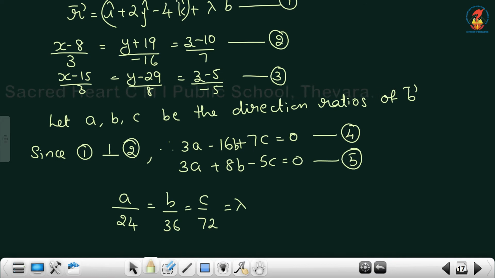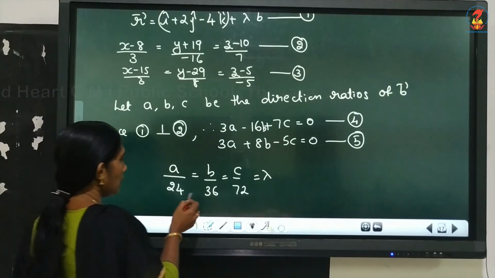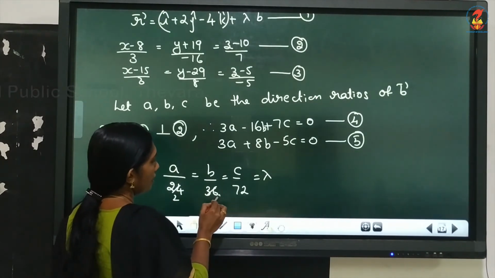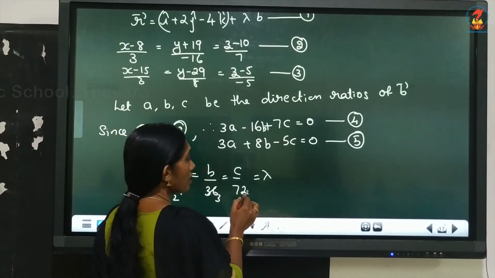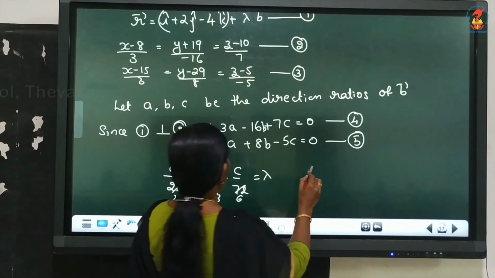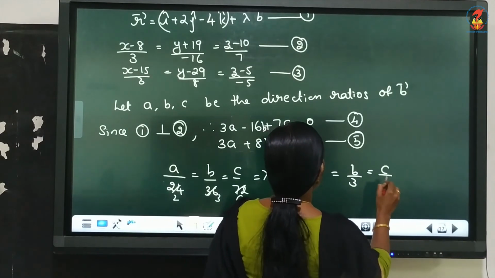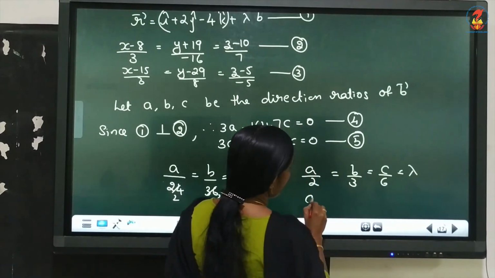If there is a common factor, you can divide. It's a multiple of 12: a by 2, b by 3, c by 6 is equal to lambda.